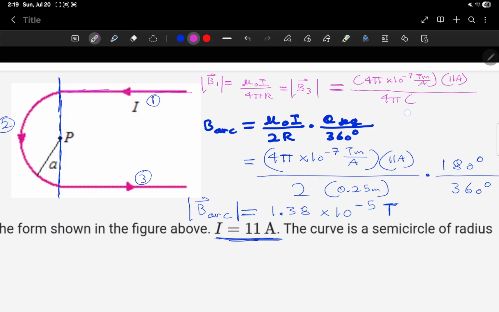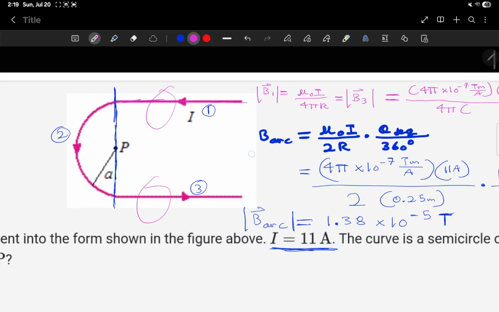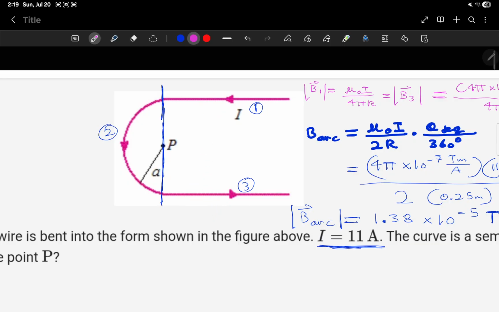We're still using, for the radius of any of these two segments, the same. It's going to be equal to A.